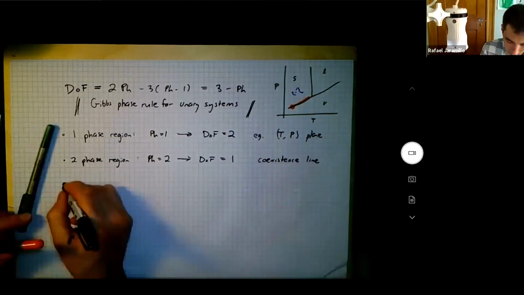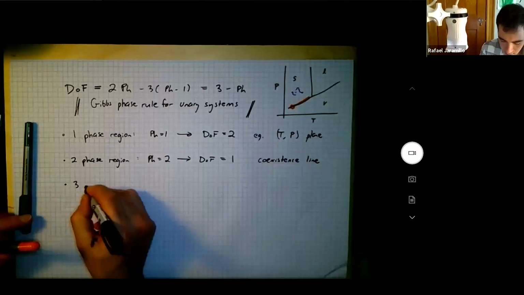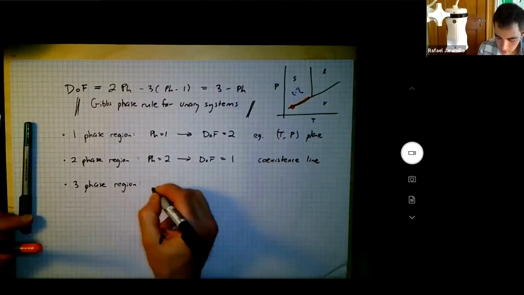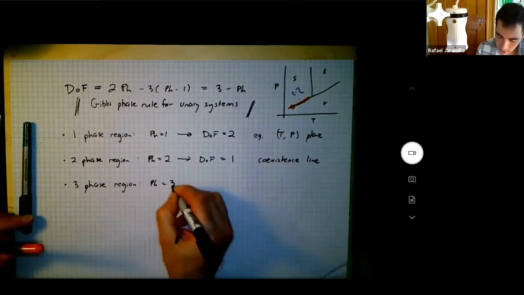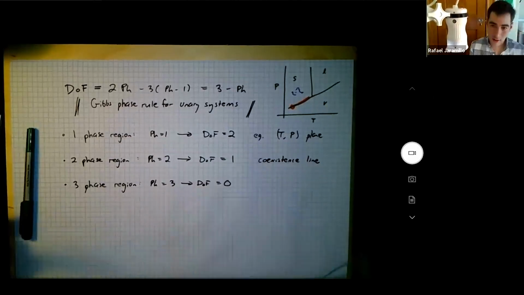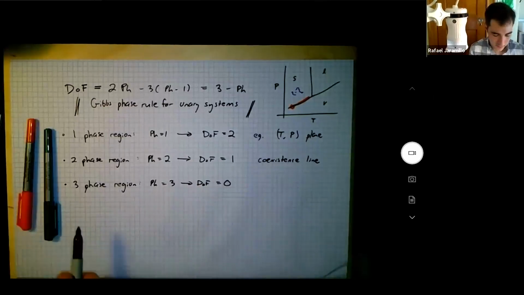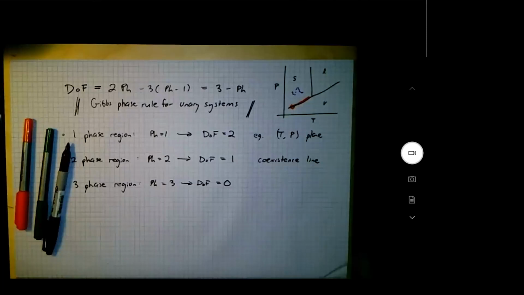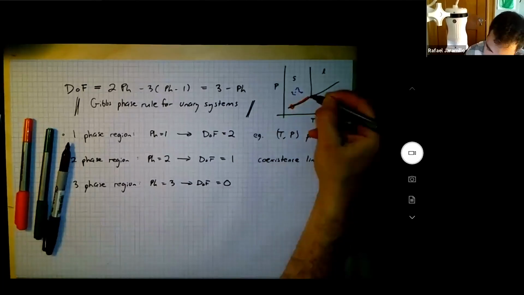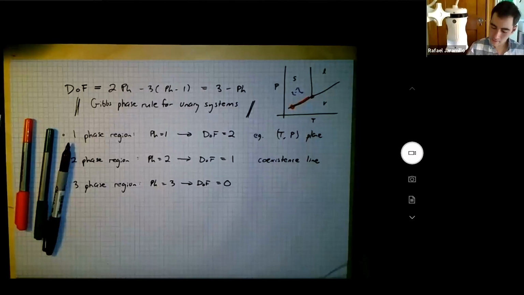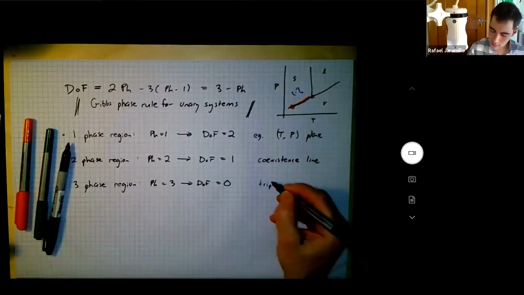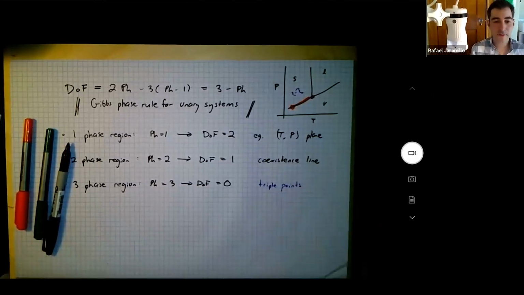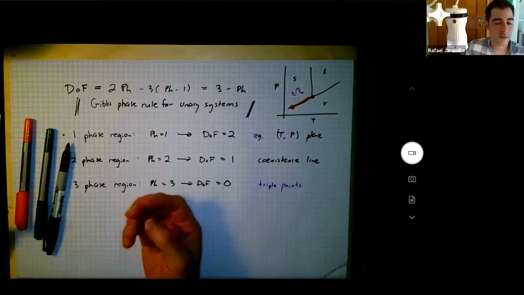And finally, a 3 phase region. Number of phases equals 3. So my degrees of freedom equals 0. What's a geometrical object with 0 degrees of freedom? A point. So we have in unary phase diagrams so-called triple points. These are points where 3 phases can coexist at equilibrium.